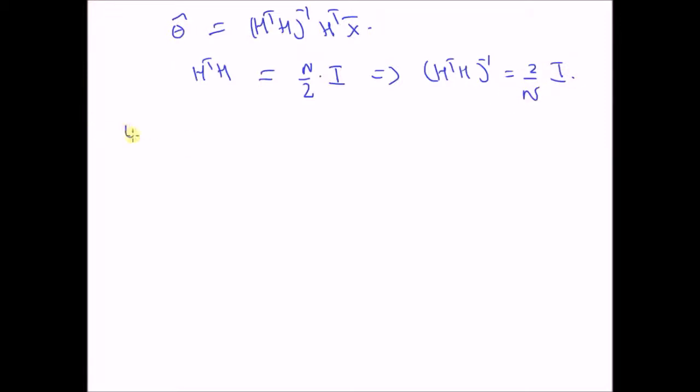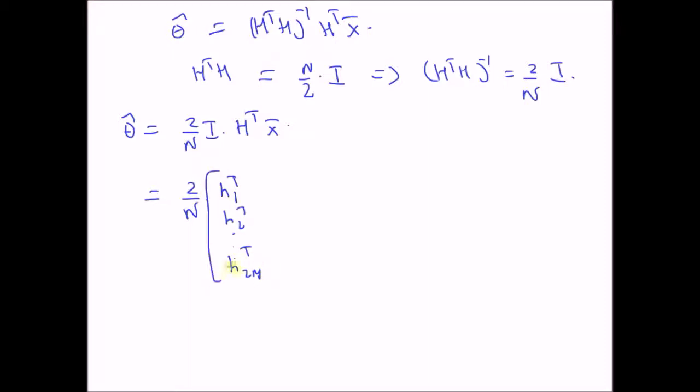Therefore, the parameter vector theta hat is equal to 2 by N multiplied by the identity matrix I multiplied by H transpose x bar, which is equal to 2 by N multiplied by H transpose x bar, which is equal to H1 transpose, H2 transpose up to H2M transpose, that is, the matrix H transpose, multiplied by the observation vector x bar.